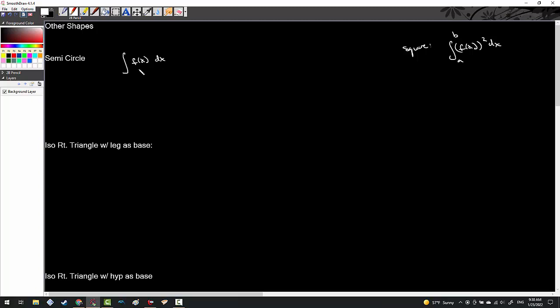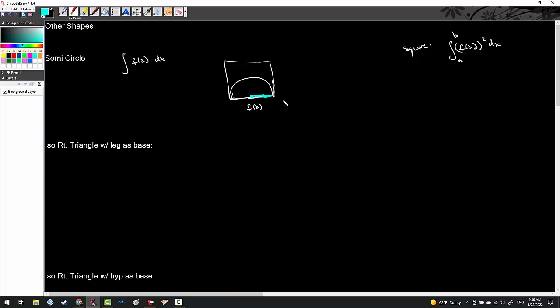Well, I'll just go and write the base right here. If I draw a square and I put a semicircle inside of it, well, we remember from the square that the distance from the axis to the function was always f of x or f of y, depending on what kind of integral you were doing. But if I was to do a semicircle, that means that now I have to do pi r squared, right?